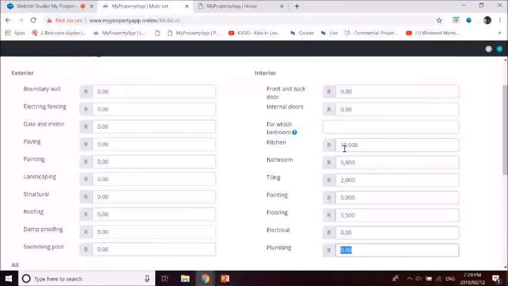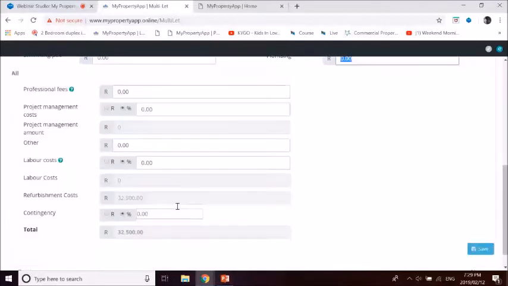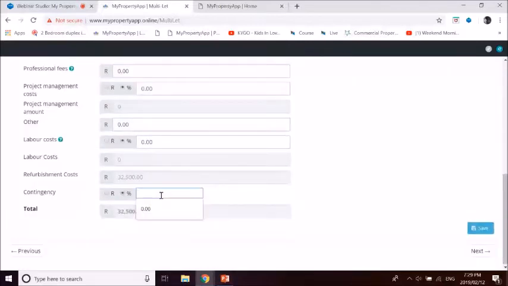And also, if a student tenant enrolls for a course but fails halfway through the year and doesn't continue, you lose the tenant from June, July onwards. So your room is vacant for the last 6 months of the year because it's going to be hard to find a replacement. So that's why this is such an important section when you're looking at multi-let specifically.